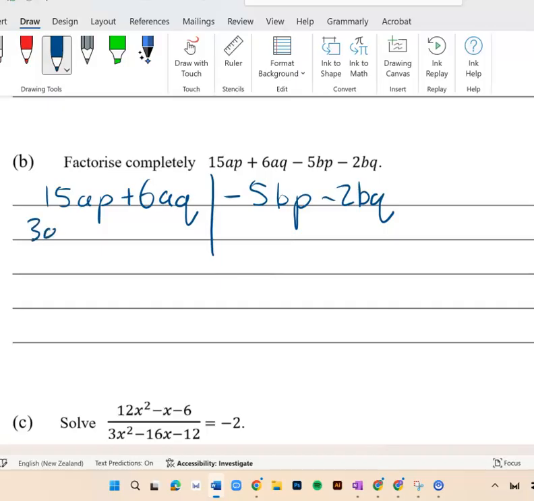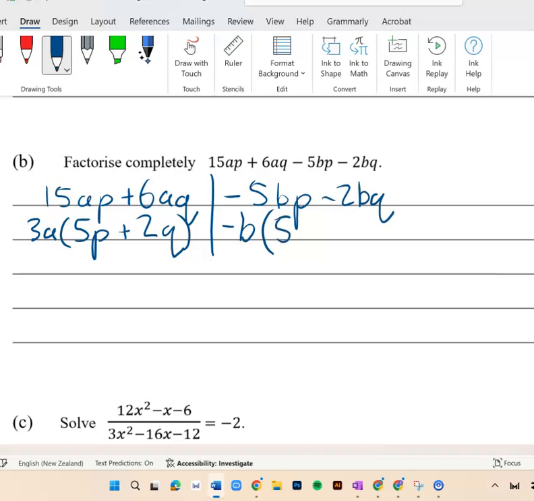So we'll have 3a, 5p plus 6 divided by 3 is 2. A's cancel out and it's just q. Alright. Now on this side we can take out negative b as a factor.